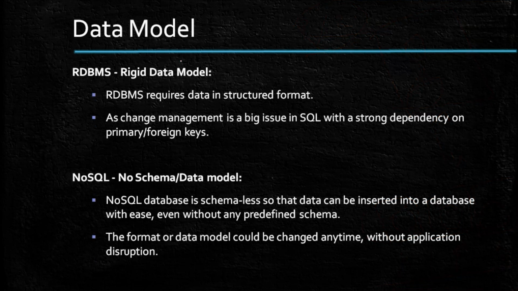Next is data model. RDBMS supports a rigid data model, but NoSQL supports no schema or no data model. The first point is RDBMS requires data in structured format. Change management is a very big issue in SQL, with strong dependency on the primary and foreign key concept.